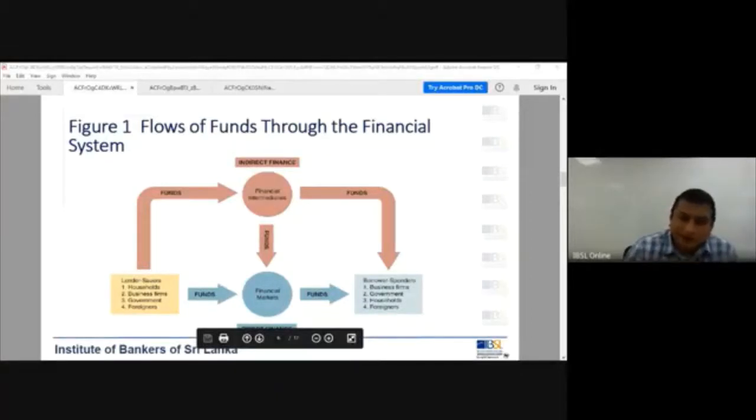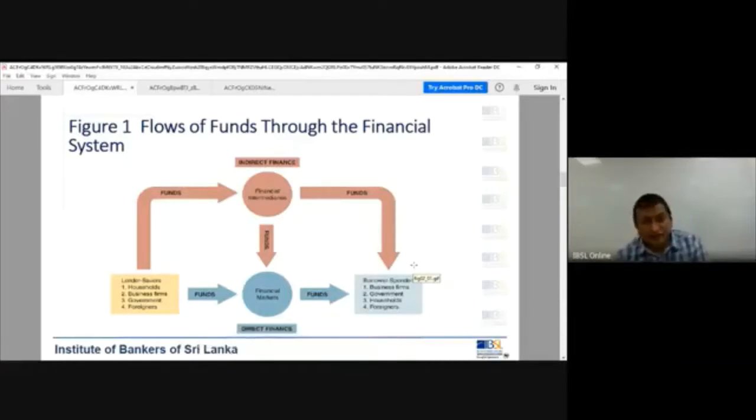Right. So let's move on. Right. Then you see the flow of funds in the financial system. So I said direct finance and also indirect finance. Okay.